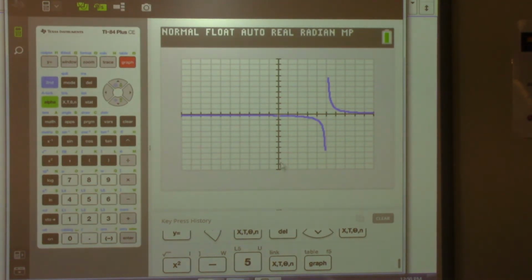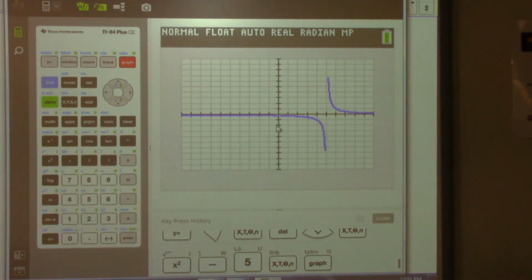Infinite discontinuity, vertical asymptote, and also what do we call this? Now, if you look at problems 21 through 24, the instructions call this a non-removable discontinuity. Okay, so we can see that right here.